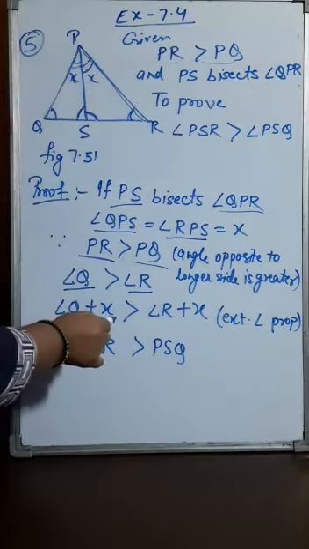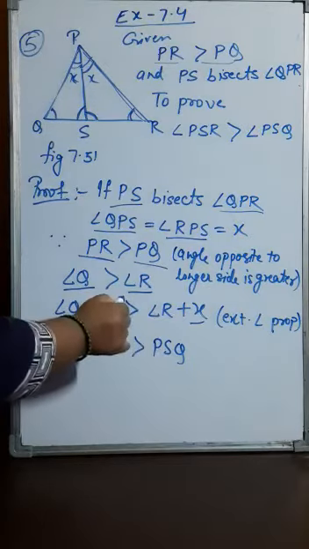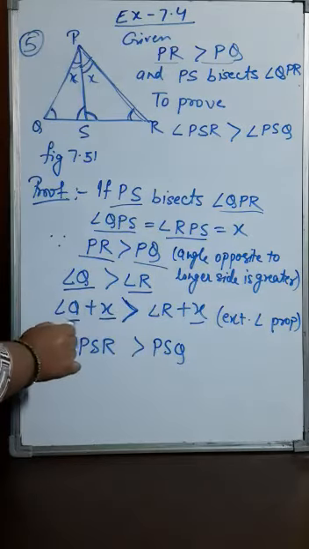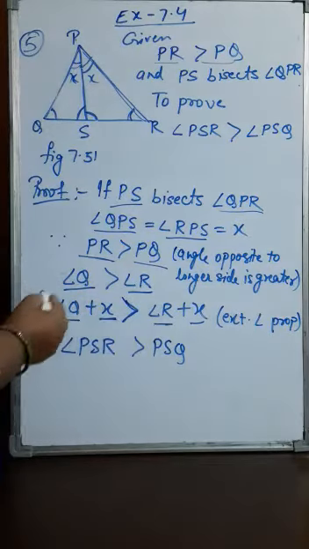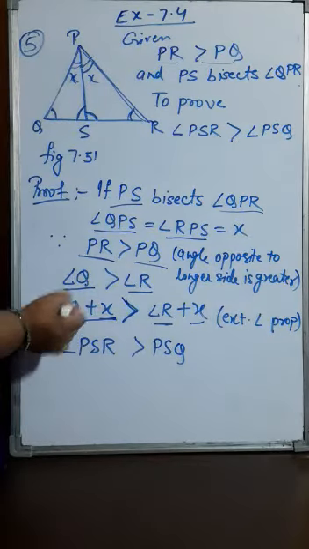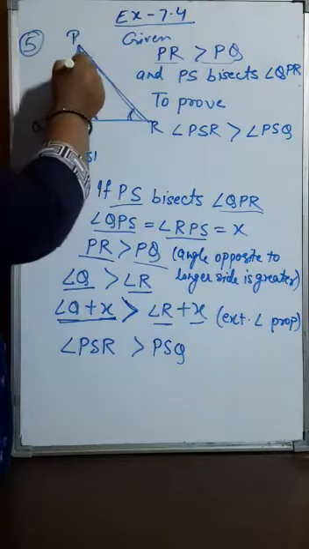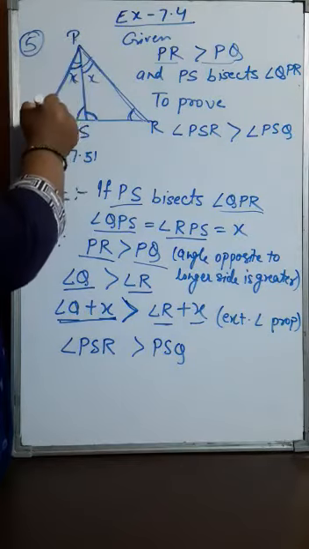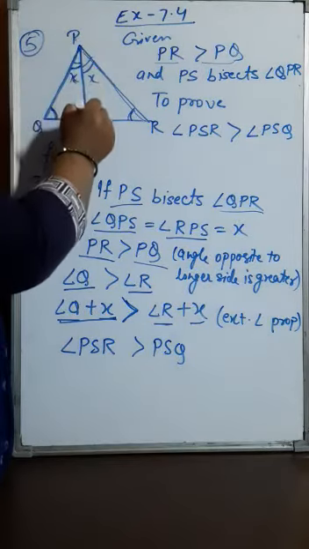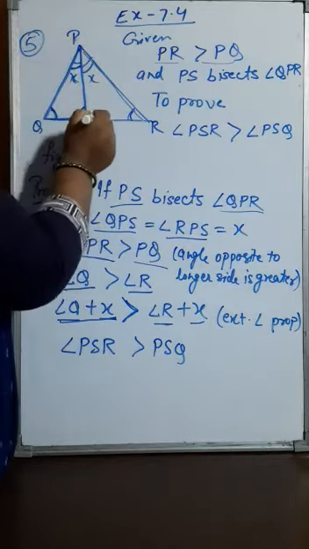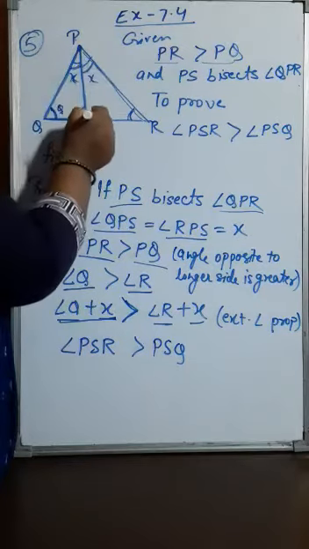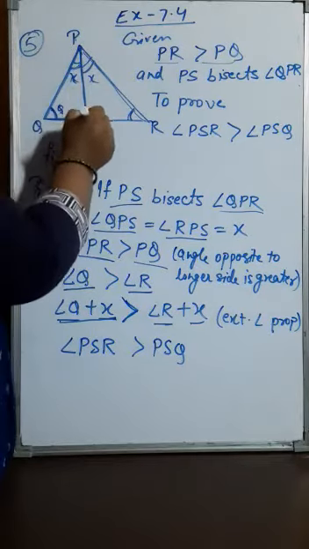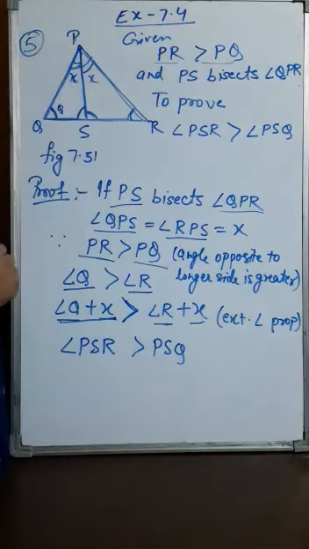If we add angle X on both sides, the sign will not change. Angle Q plus X will be greater than angle R plus X. Now, we know that in a triangle, the sum of the interior opposite angles is equal to the exterior angle. So angle Q plus X will be equal to angle PSR by the exterior angle property.